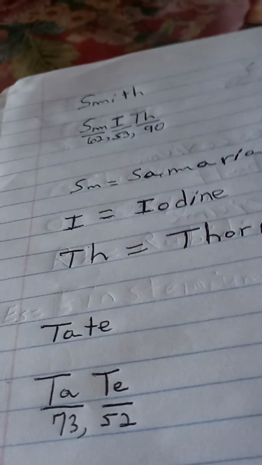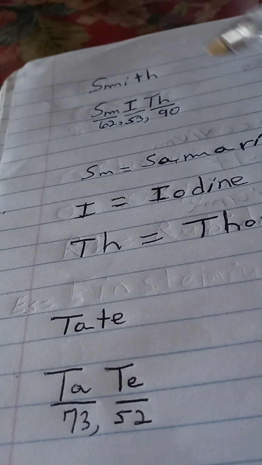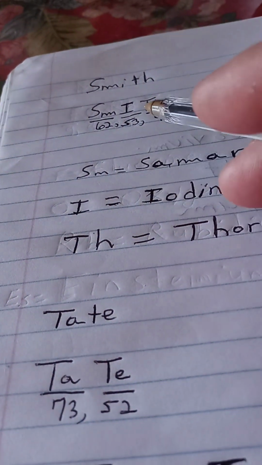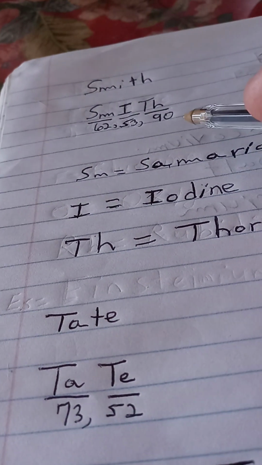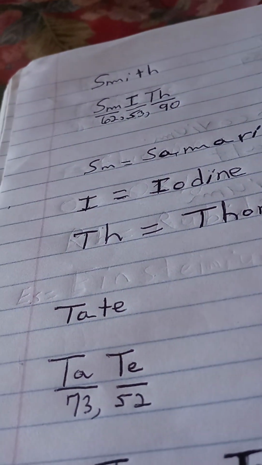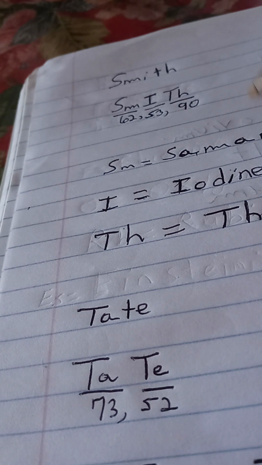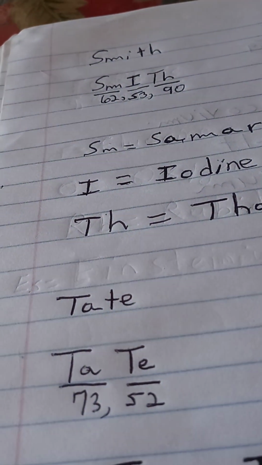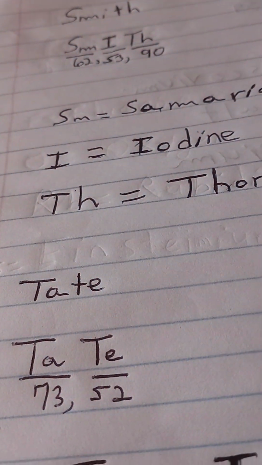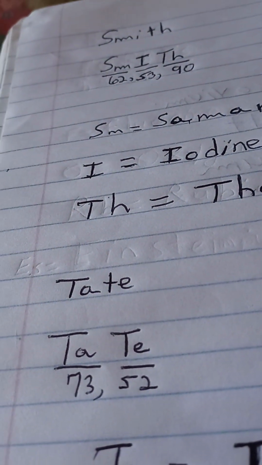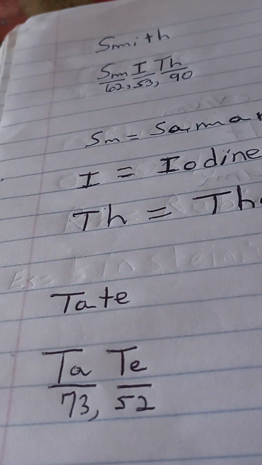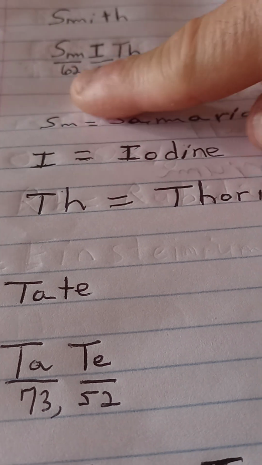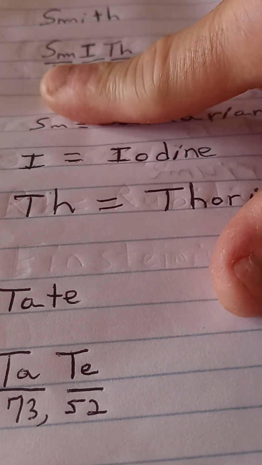Now, the atomic number is 62 for samarium, 53 for iodine, and 90 for thorium. Understand that if you're going to study the periodic table and you just want to study the chemical symbols and not the atomic numbers, because you're beginning to learn it, just cover the numbers at the bottom and remember the symbols.